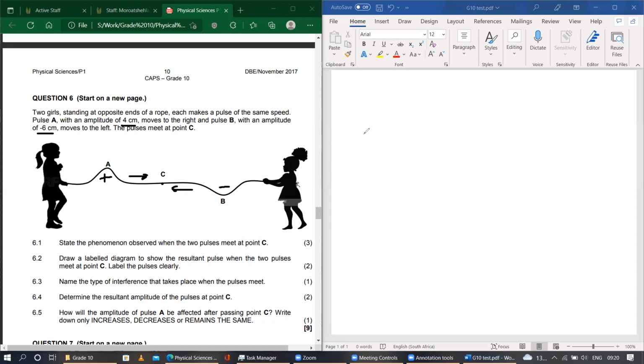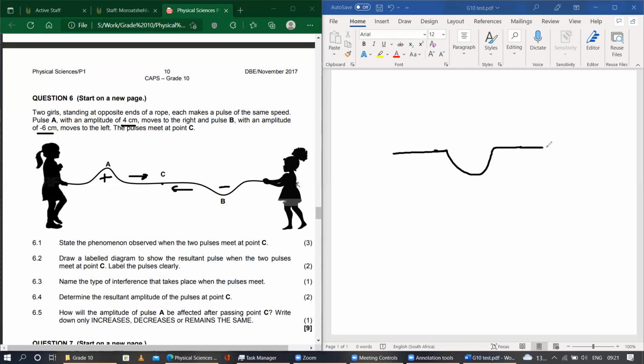So it's going to be something like this. Sorry, let me just rub this out. It's going to be something like this. So they don't want you to draw the whole thing, they just want you to draw the resultant pulse.